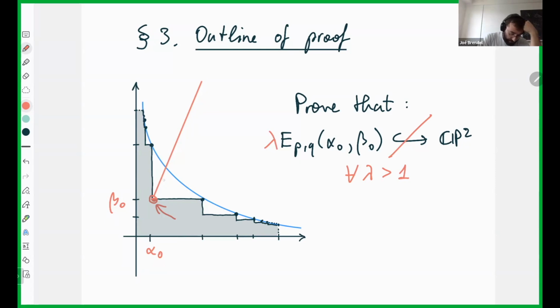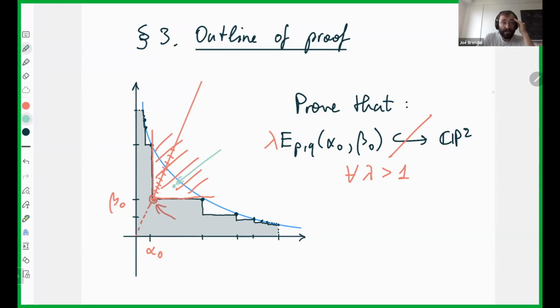So in other words, on this ray that I've drawn, this red ray here, coming from the line going through the origin, the embeddings should be obstructed. And you can easily see that this is enough to show that in this whole region, there cannot be any embeddings. Because imagine that there was an embedding here for this pair alpha beta. So I'm drawing something in green here. I hope you can see it.